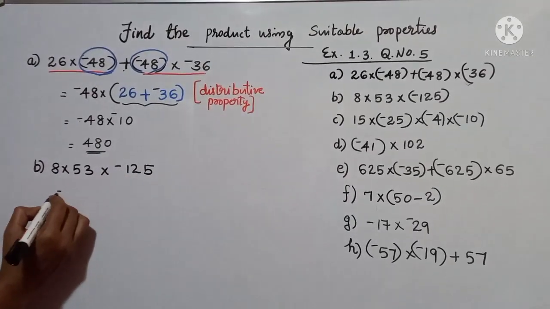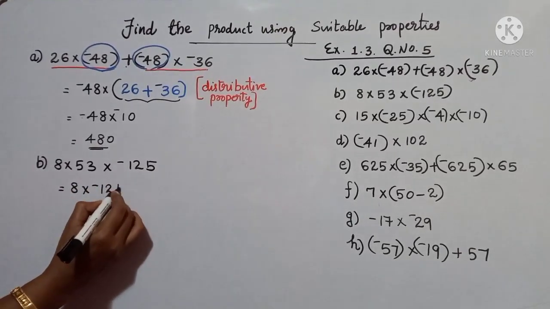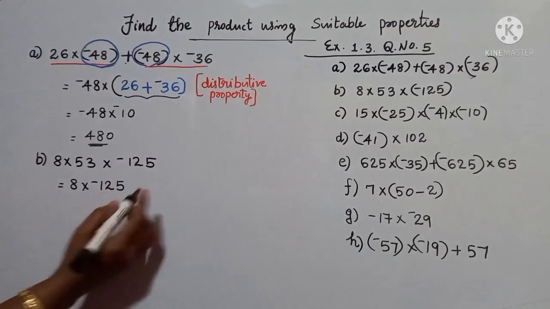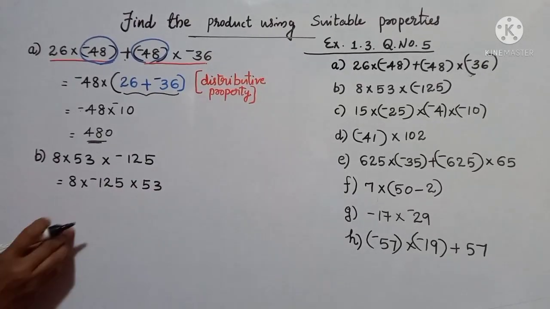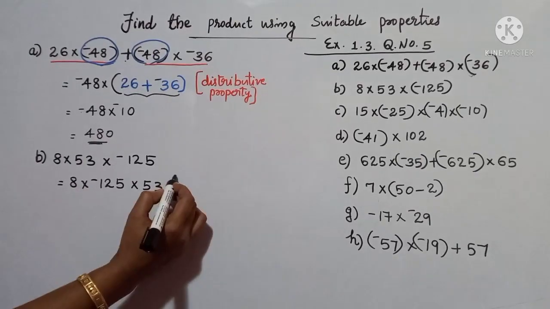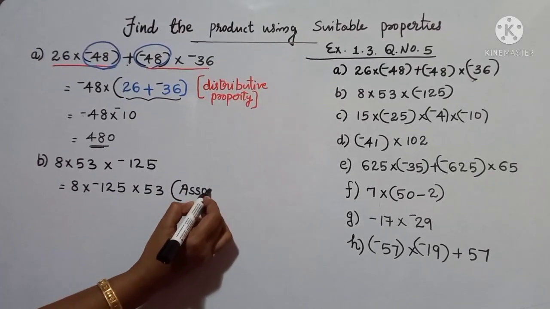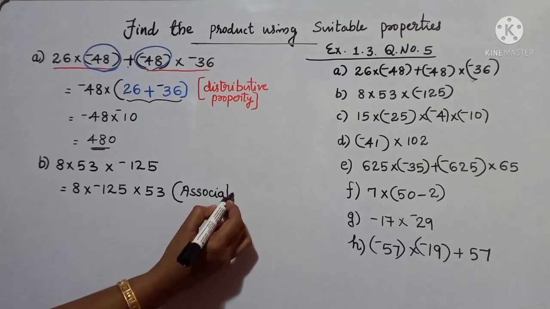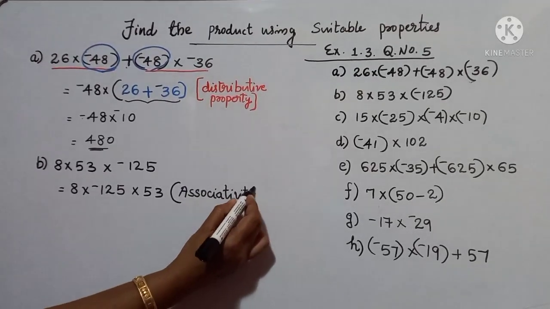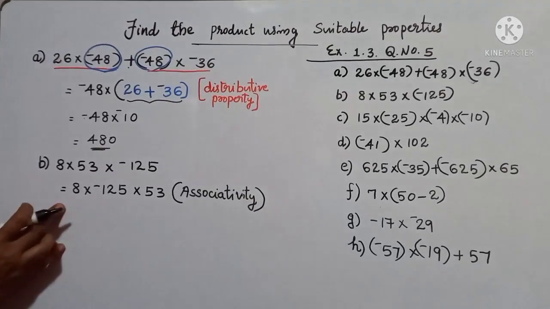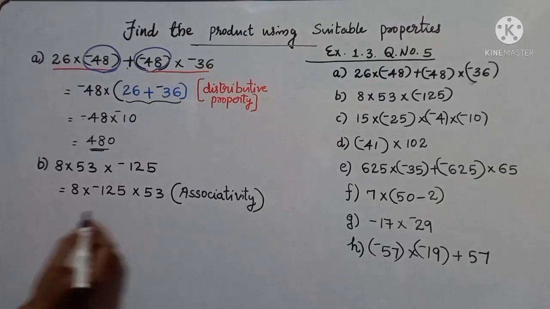If we write 8 into minus 125, we know that 125 into 8 is 1000. So it will make it easier. We write it this way, changing the order of multiplication. Here it is associativity. We have applied the associative property, changing the order of multiplication or addition.